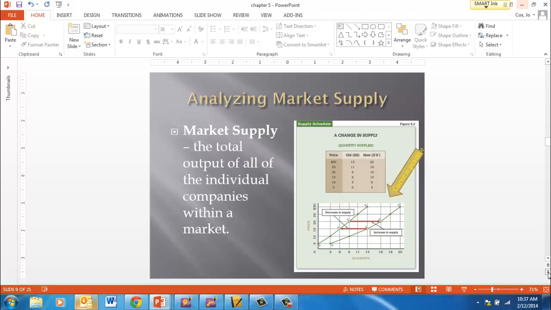So we had the old supply curve, which is represented by S, and then we have a second supply curve which is represented by S1. If it shifts to the right, just like in demand, we have an increase in supply. If it shifts to the left, we have a decrease in supply.